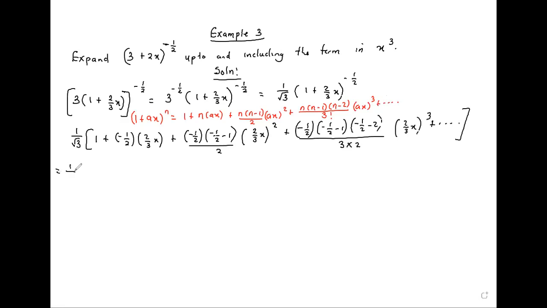So you have 1 over root 3, open. Then you have 1.